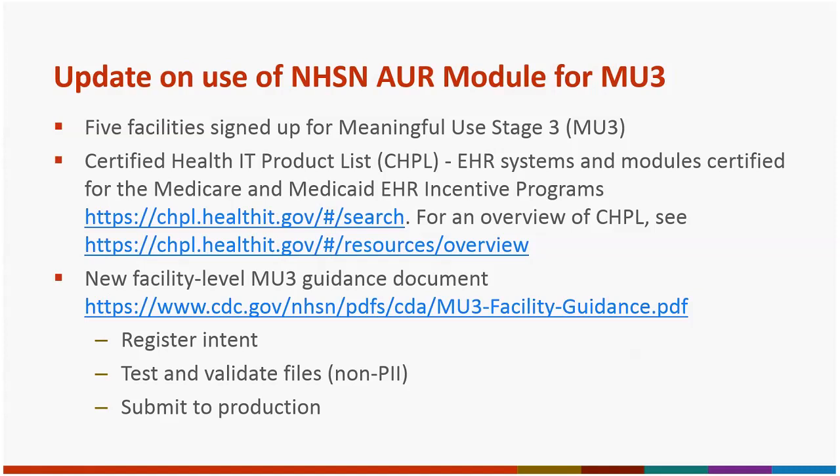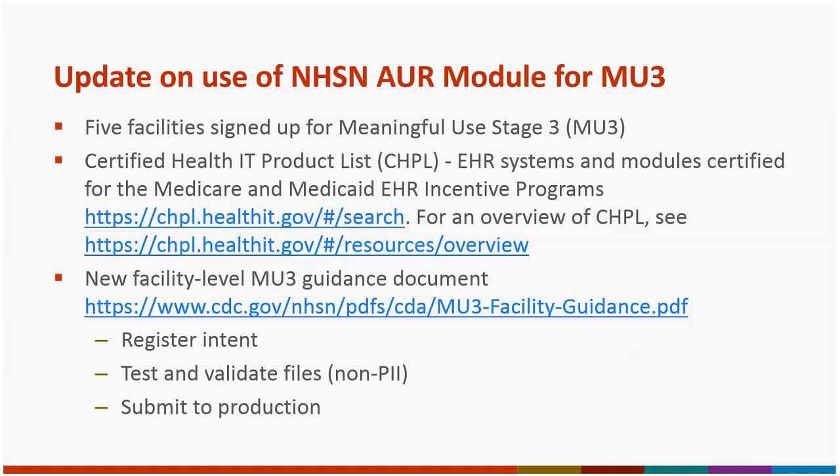Also included is a URL for the overview of CHPL. The overview website contains a section called For EHR Developers, and it provides information on how to be listed on the CHPL list.